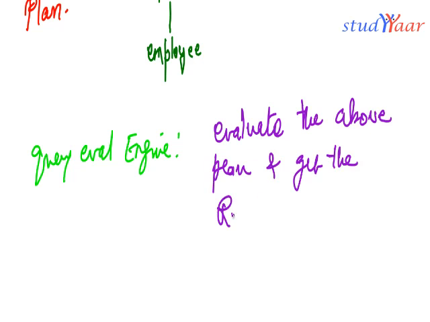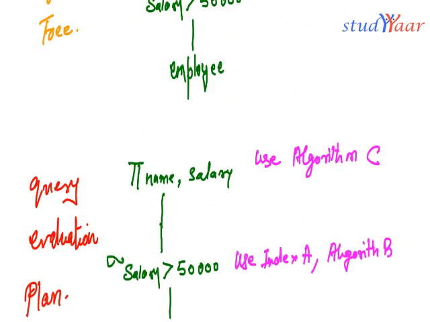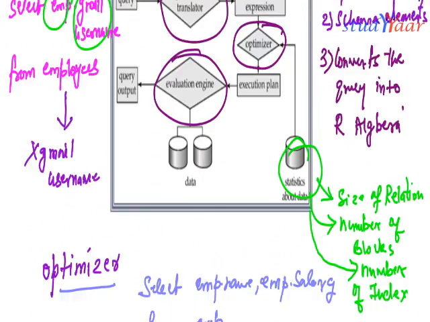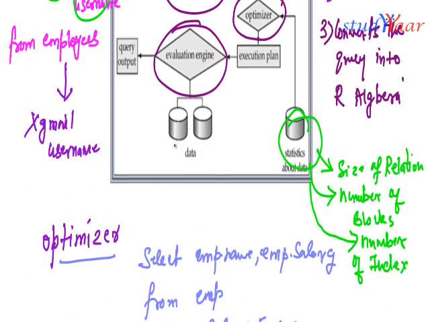It is going to use the algorithms which are mentioned in the query evaluation plan to do the evaluation, right? Look, the query evaluation engine is directly accessing data over here. So once you give a plan to the query evaluation engine, it is going to access the data by the particular means specified by the algorithm, and we get the output over here.